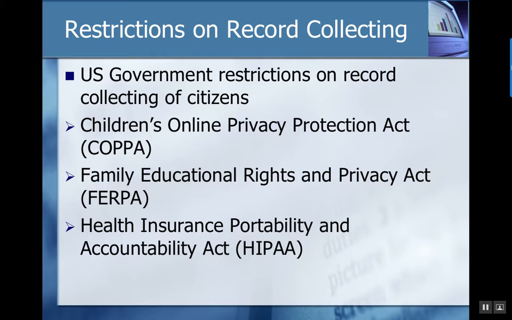Some of the things we're starting to see are restrictions on record collection. HIPAA, FERPA, and COPPA all have particular guidelines and restrictions around the privacy of information: medical information, educational information, and information about children all have very specific guidelines which organizations have to adhere to as they implement things.